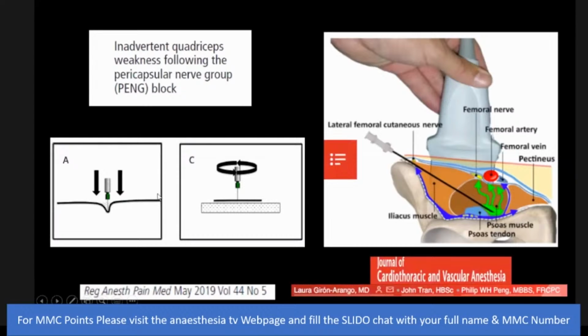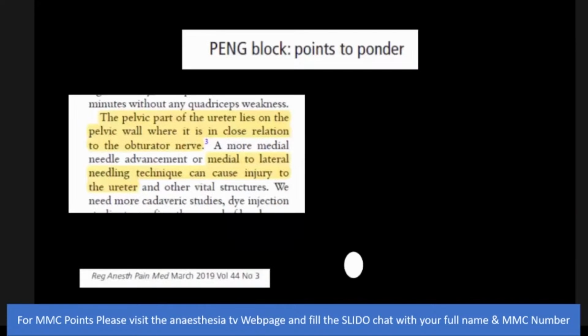So it is advised that the needle should be gently rotated when we are trying to pierce the fascia iliaca. Secondly, if the needle position is too medial to the psoas tendon, or if the drug goes intramuscularly, it can reach the femoral nerve and can cause quadriceps weakness. So care should be taken.